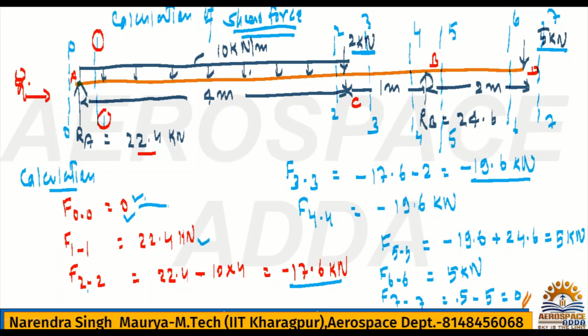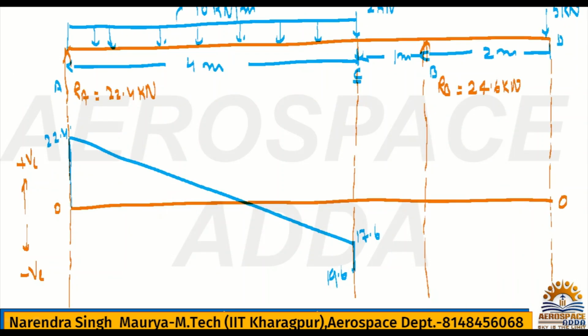If I want to show both, just before value is here, it is 0. And just after is 22.4. So both I am showing. If you are showing any number just before and after for any point, both numbers should be on the same line. Like for point A, just before is 0 and just after is 22.4, so on the same line only I am showing these two data.